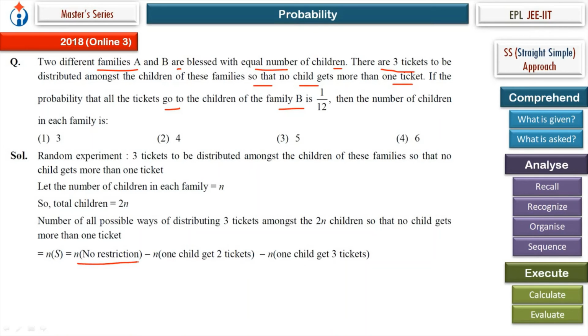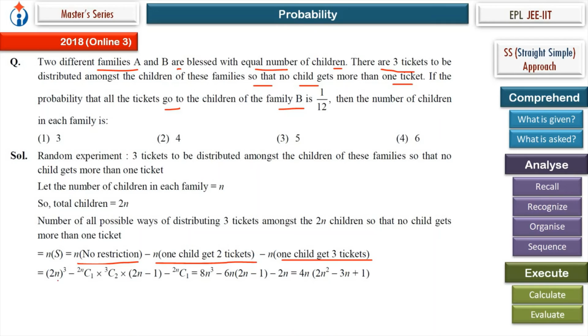all possible ways without any restriction, and you subtract from that the cases where 1 child gets 2 tickets and where 1 child gets 3 tickets. So principle of exclusion. No restriction. 1 child gets 2 tickets, 1 child gets 3 tickets. If we subtract them, we will get the number of all possible ways of distributing 3 tickets among the 2n children so that no child gets more than 1 ticket.